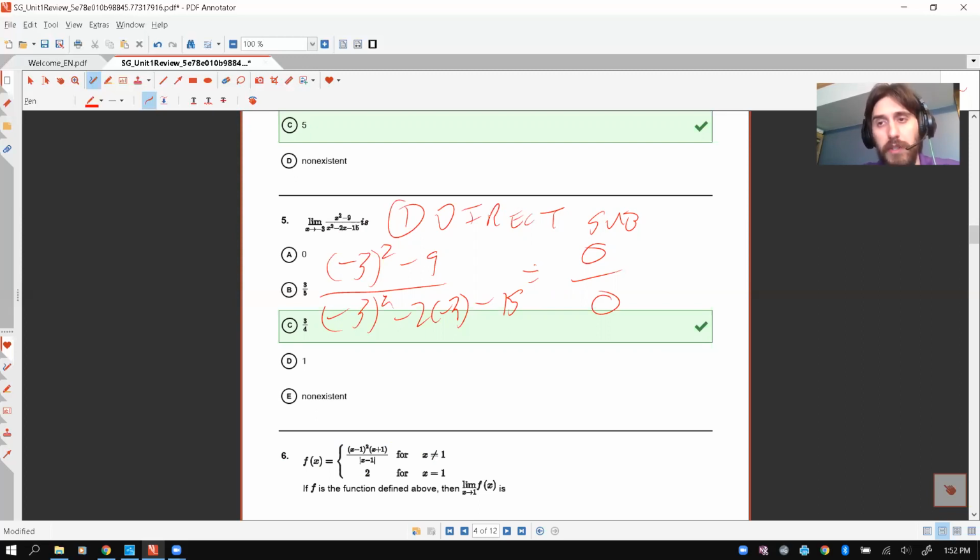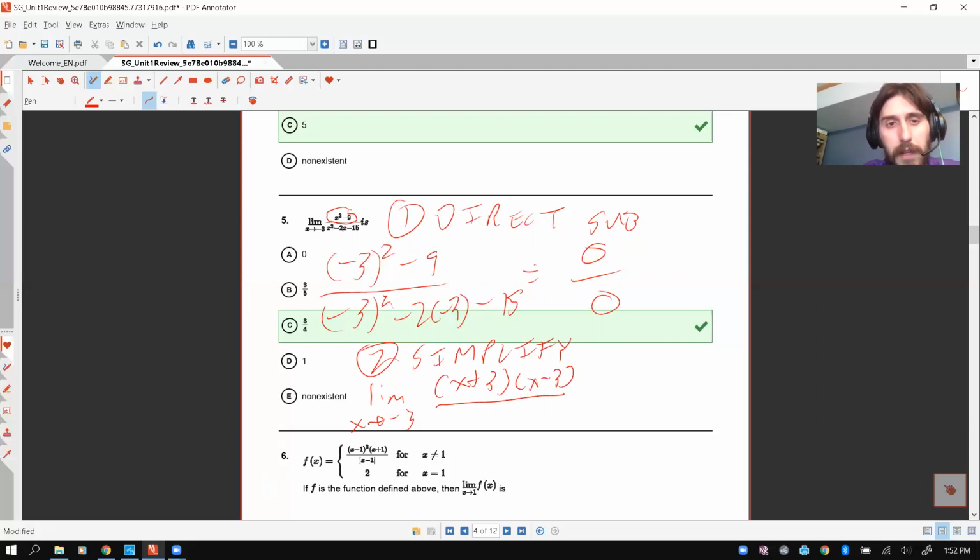So if direct substitution does not work, then the second thing that you want to try is simplifying. And the most common one that you'll do for these, where it's polynomials, is to factor and see if anything cancels out. If we factor this, we'll get the limit as x approaches -3 for the top, x squared minus 9. It factors into x plus 3 and x minus 3.